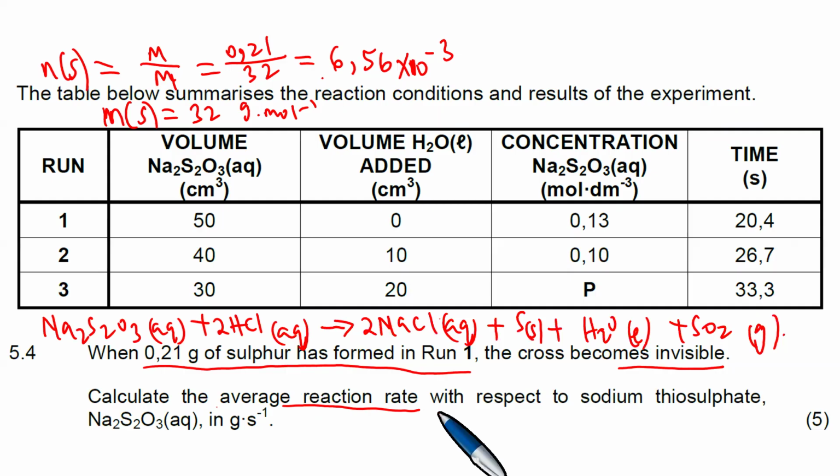So the sodium thiosulfate and the HCl produce sodium chloride. And this chemical equation was given for this question.